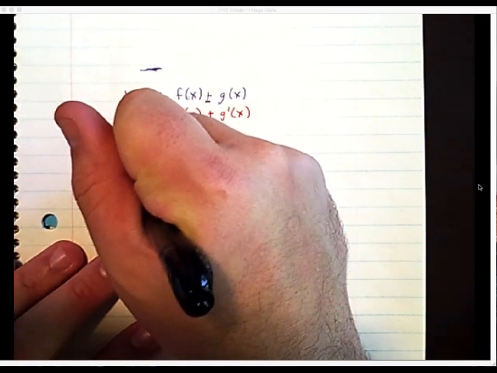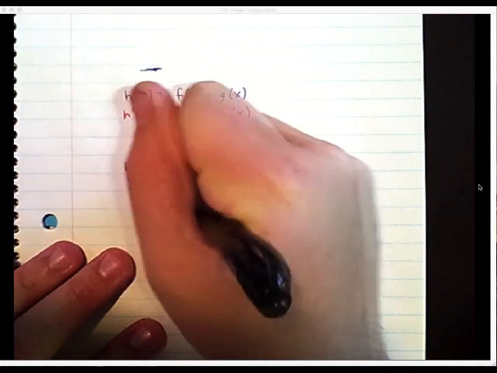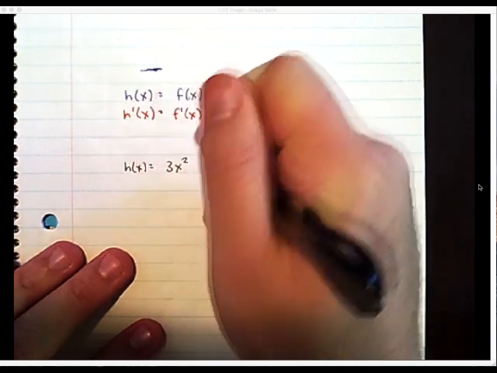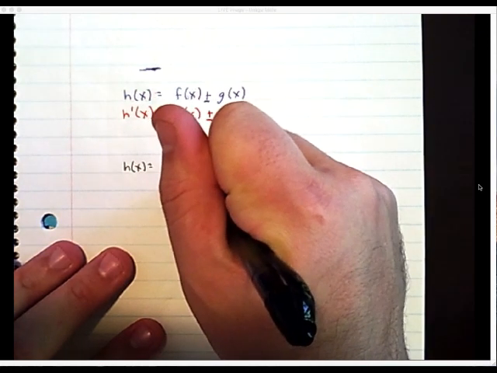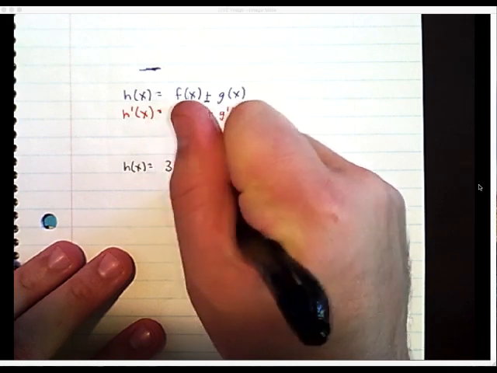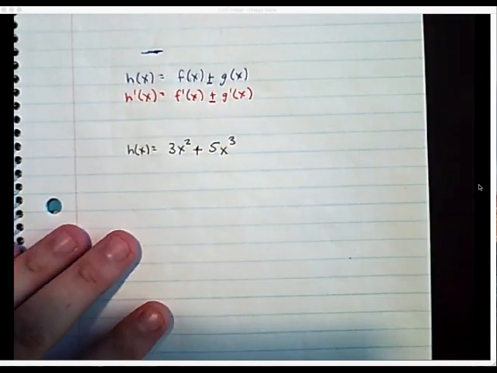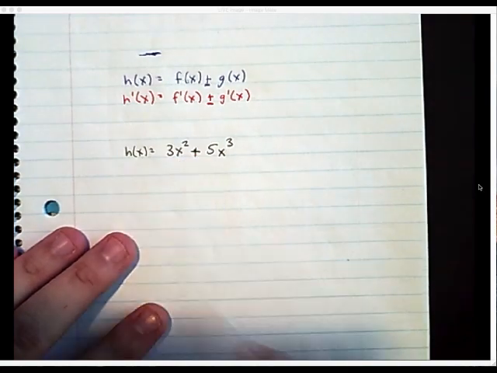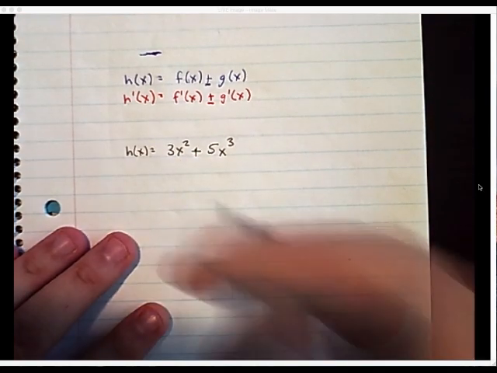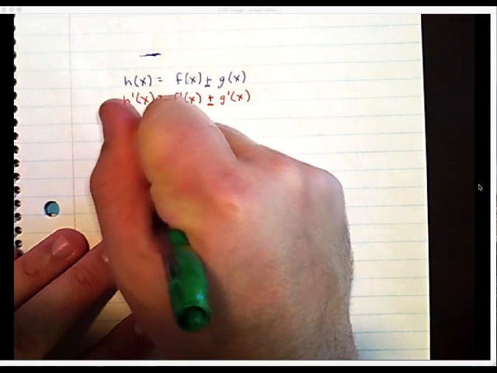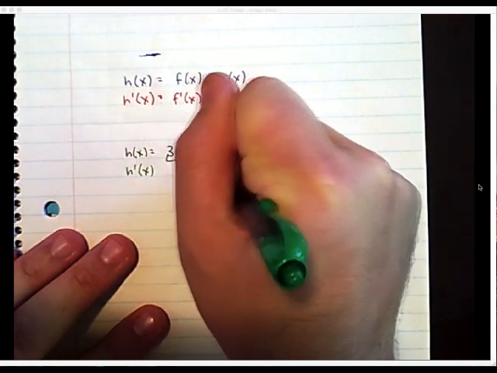So a practical example of that is, let's say that h of x equals 3x squared plus 5x to the third power. When there's a plus or a minus separating those things, you just take the derivatives of the individual terms.